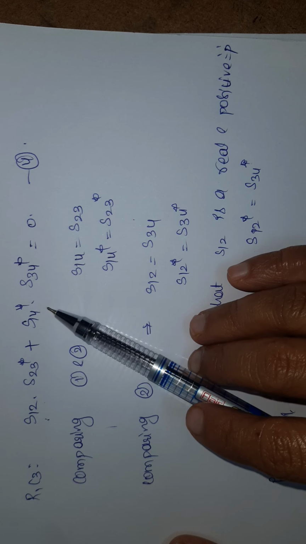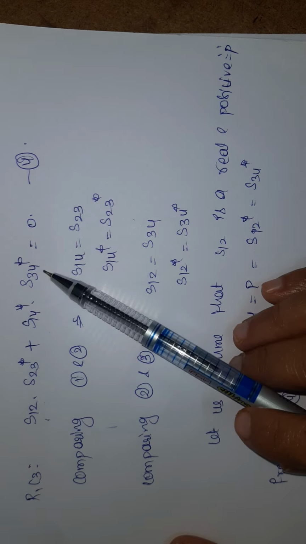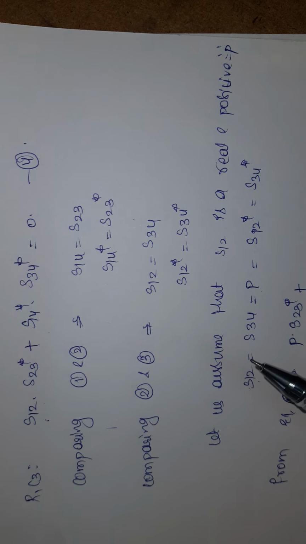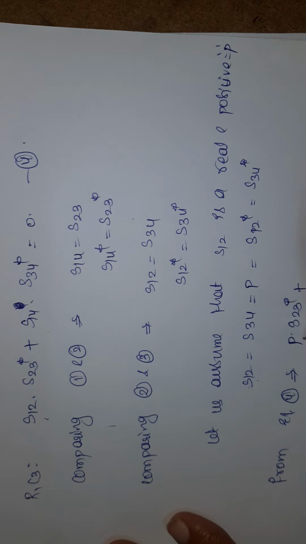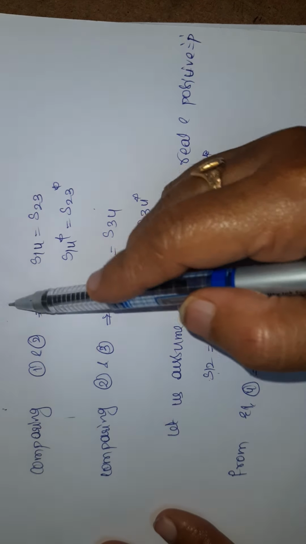S14 star can be written as P. So P into S23 star. Next, what I am having?